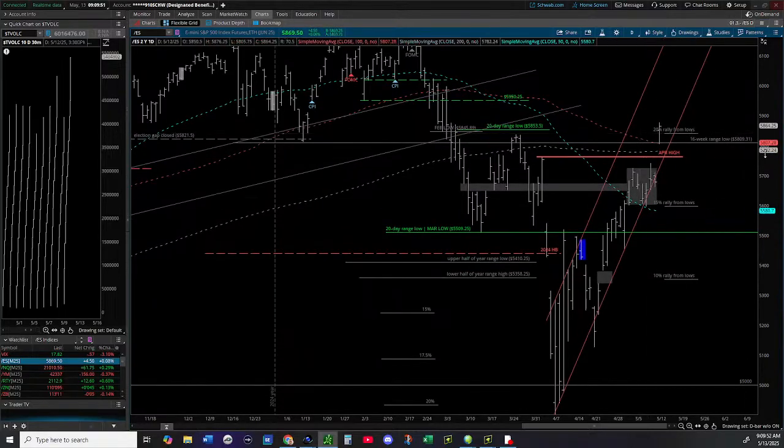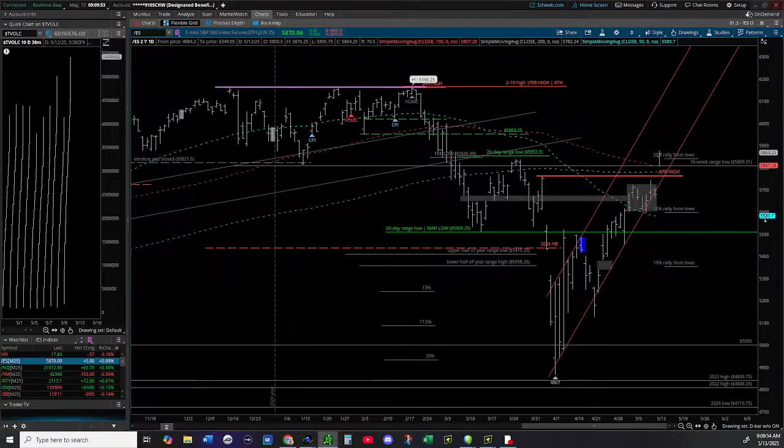Something that I wanted to do here, I got a note. How much is this low? 4867, right? The low is 4867 and the high is 6166.25. 6166.25 divided by 4867 gives us 26%.